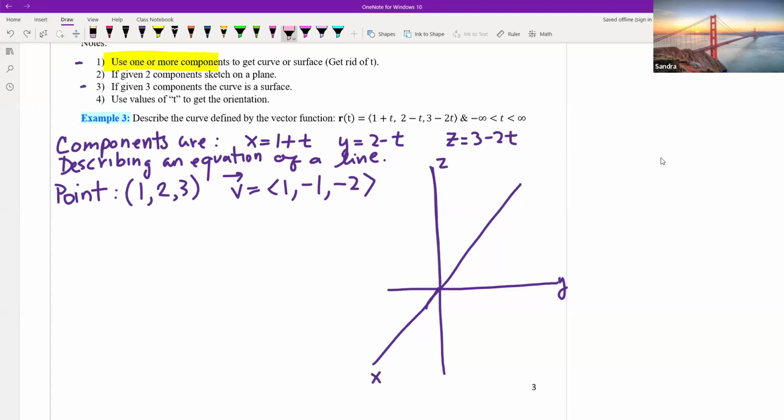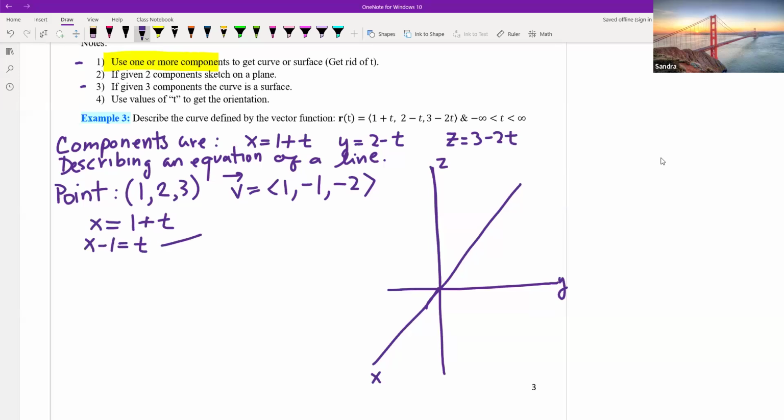All right, so let me see. Step number 1 says try to get rid of t if you can. Well, I guess you can do that. We can get rid of the t. We can solve x equals 1 plus t, so x minus 1 is equal to t.